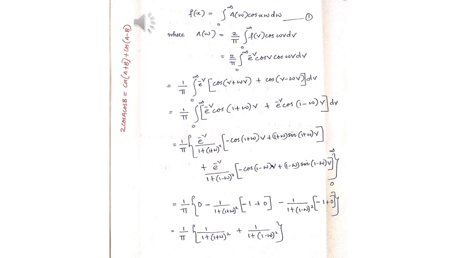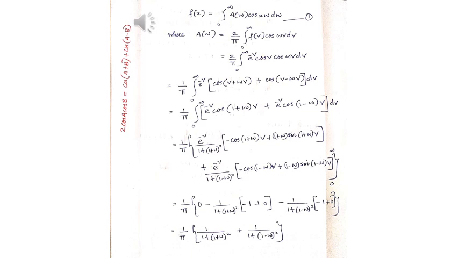Now you can integrate this, taking e raised to minus v with cos (1 plus omega) v plus e raised to minus v cos (1 minus omega) v. You can integrate this using the integral formula for e raised to ax cos bx. After taking the integrals, you can give the limits, which are 0 to infinity.